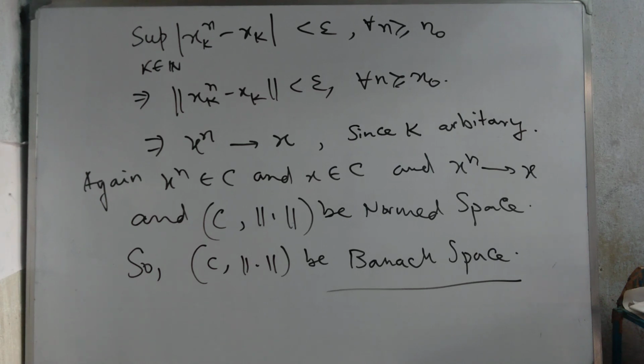In past questions on Banach spaces, this technique was not used, because it was not needed there. So we also prove that c with the norm infinity is a Banach space. Okay, so today I stop here.